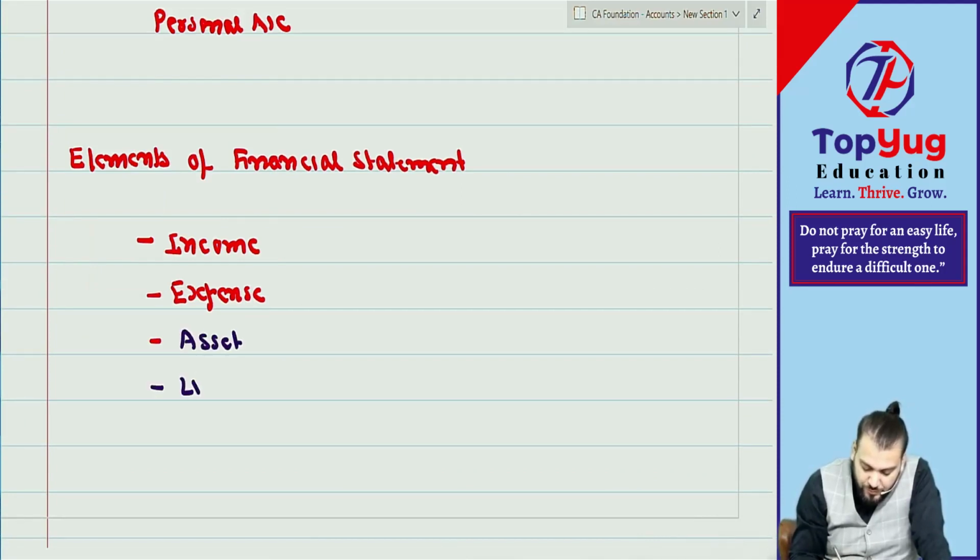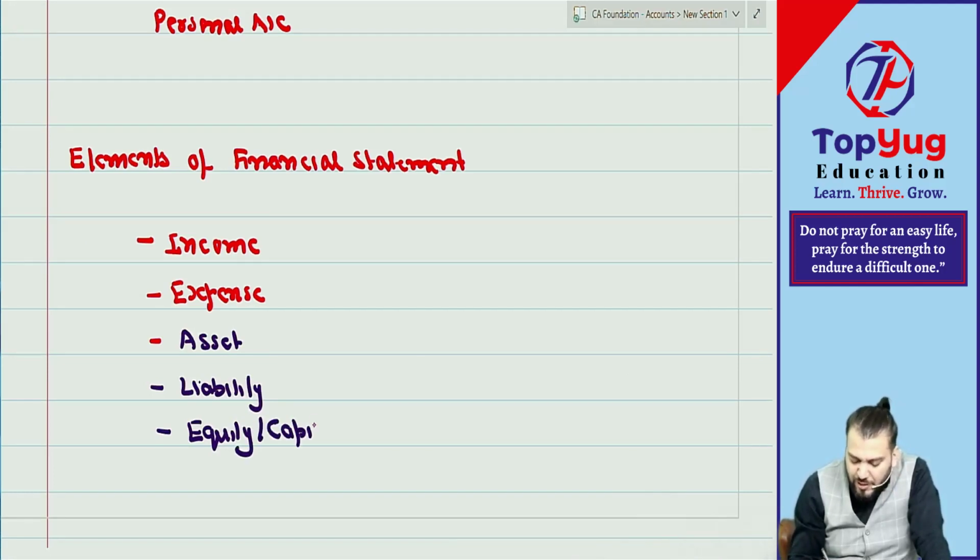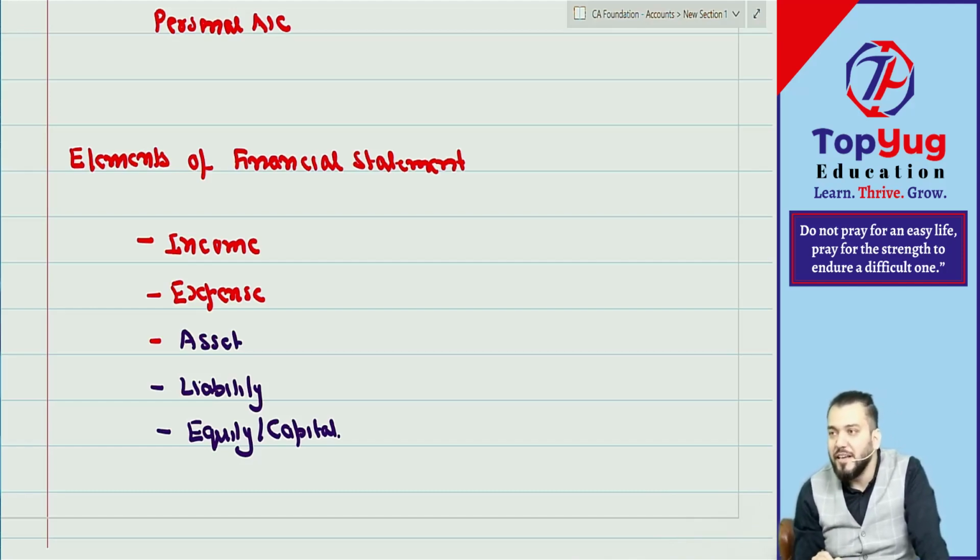Then liability. And then we call it equity, or sometimes we can also say capital, but equity is the right term. Equity and capital are interchangeable words. We'll discuss this later. When I say equity, equity means capital, capital means equity. Understood? So there are five elements in financial statement.